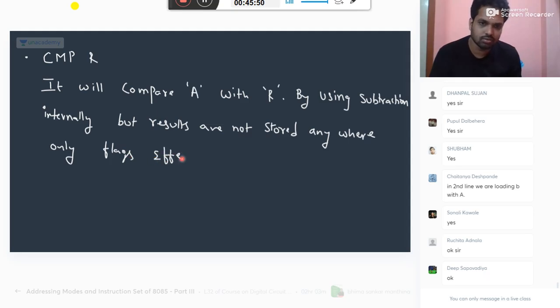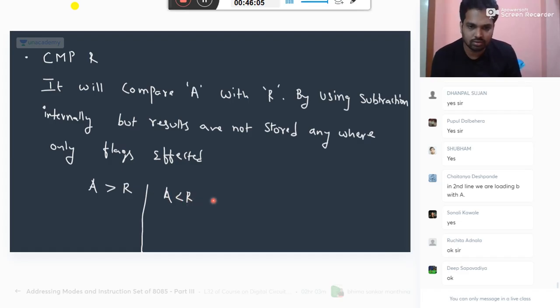If A equal to R, carry 0, zero flag is equal to 1. Okay, so this is how it will show you the compare.